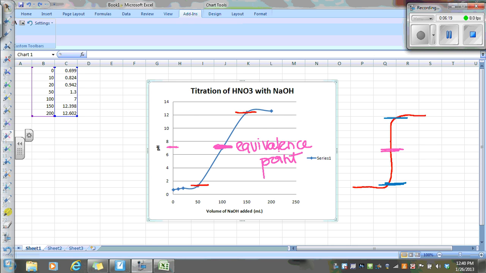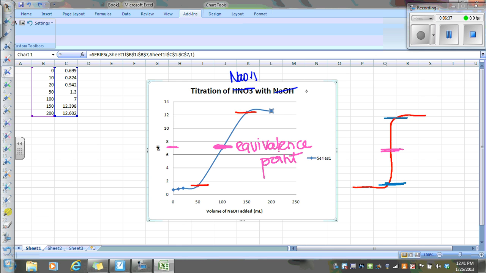Now let's say that we had done it the other way. Let's say we had started with sodium hydroxide and titrated it with nitric acid.